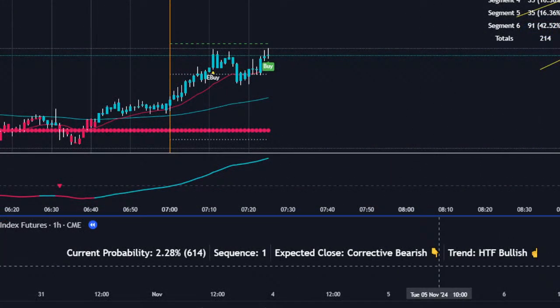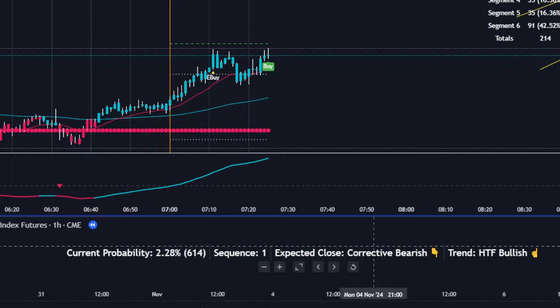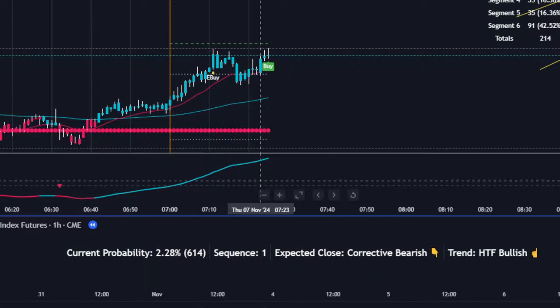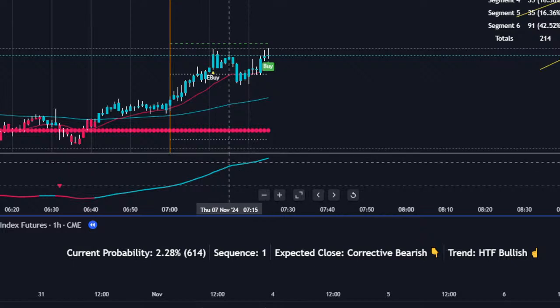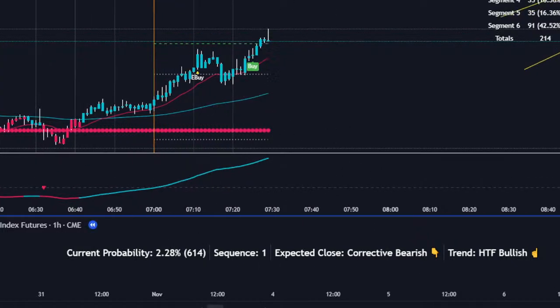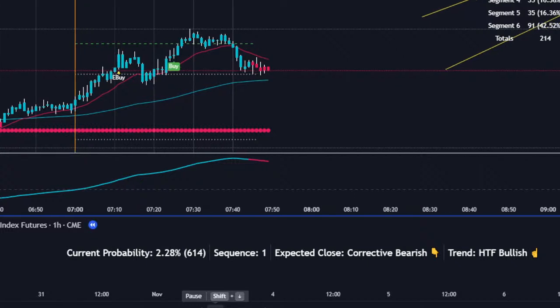Our algo was showing that we're corrective bearish. So it's predicting what is the probability of being bearish. There was only a 2%, which means we had a 97% probability of that hour being bullish. Our dynamic TP is up and green and above the 0 line, so very nice confluence for that trade to play out.